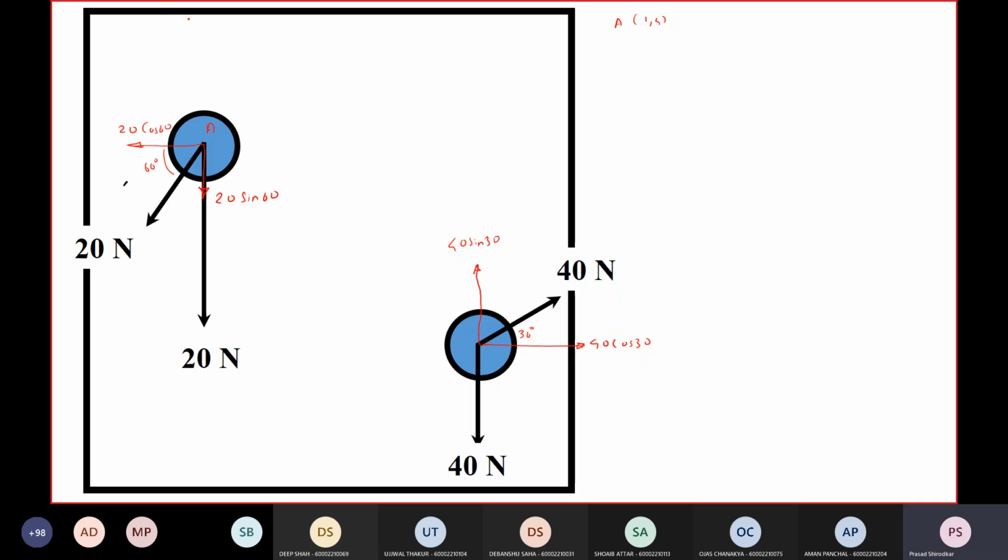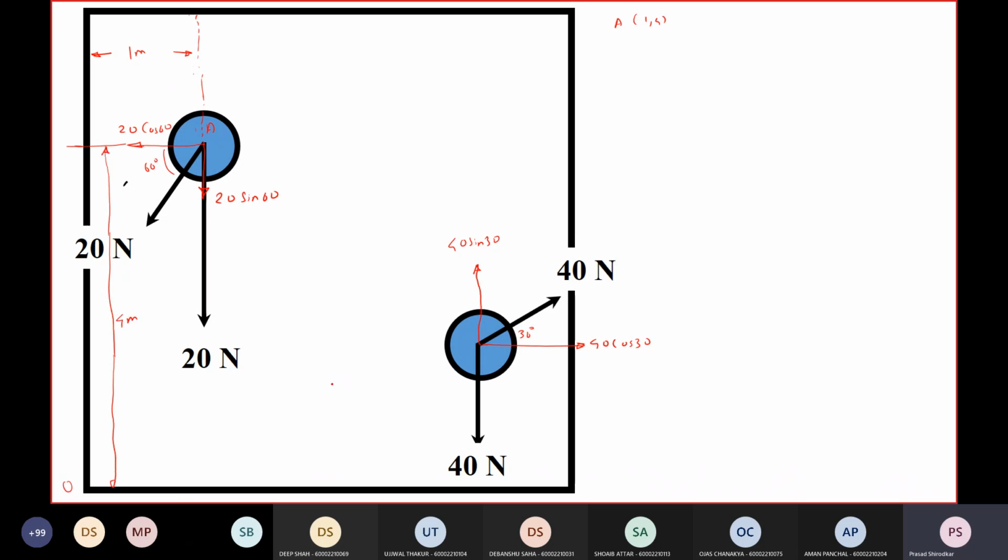So x is 1 meter and this is 4 meters. Okay, this is my origin. This is 4 meters.